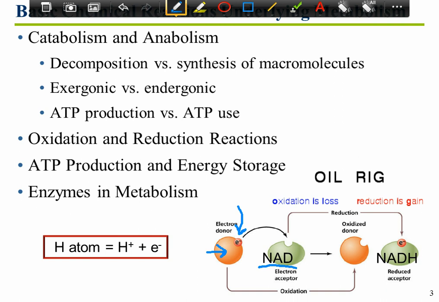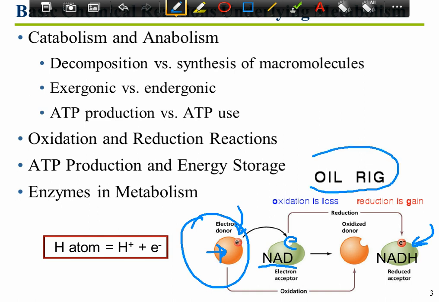And when that electron is given to NAD, that's where it's going to end up. NAD now, which is now called NADH, right there, has been reduced. It has gained electrons. Now the guy that gave them away, this guy here, has lost them. He is oxidized. So if it helps you to have a mnemonic device, here's one that's been used for a while. It's called oil rig. Oxidation is loss, reduction is gain.